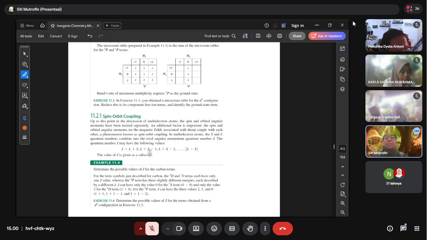Here, the S minus 1, 1 plus 1, 1 plus 1 minus 1, 1 plus 1 minus 2.